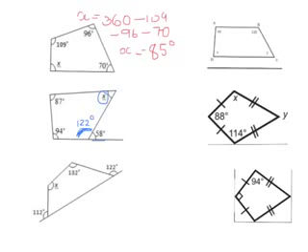Okay, so now I'm going to add 87, 94 and 122. And that's 303 degrees. So I can say x equals 360 minus 303 degrees. So x equals 57 degrees.